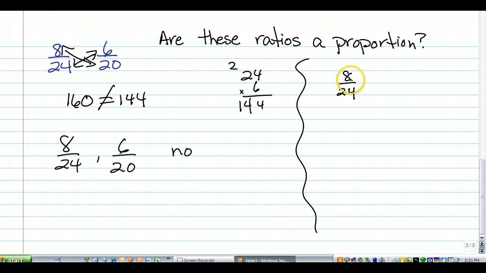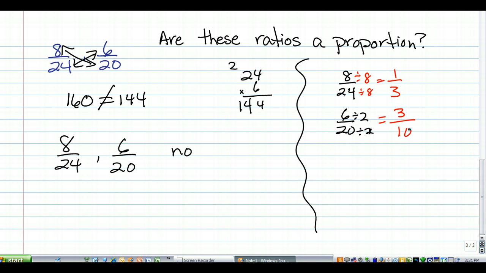If we simplified 8/24, I divide both of them by 8, and I get 1/3. And if I take 6/20 and I simplify, I can only divide by 2, and I end up getting 3/10.